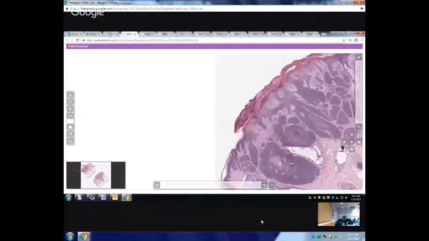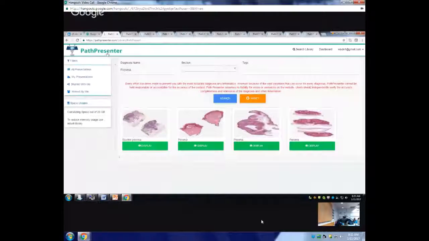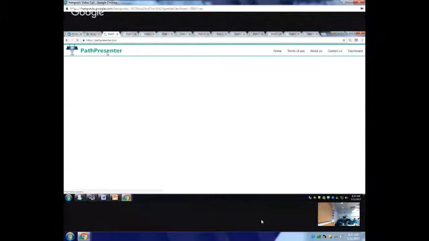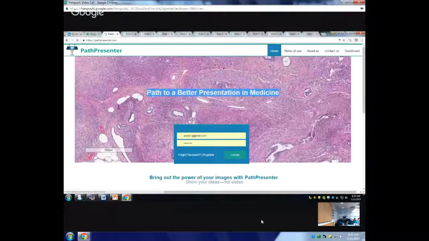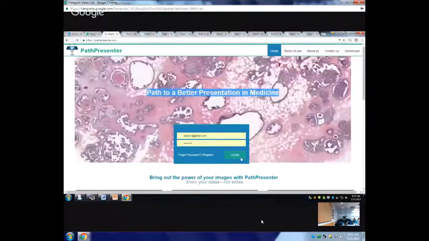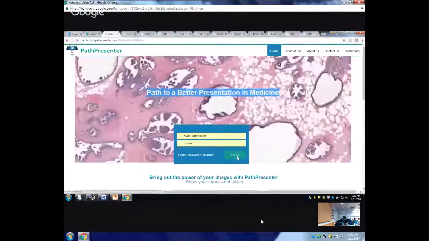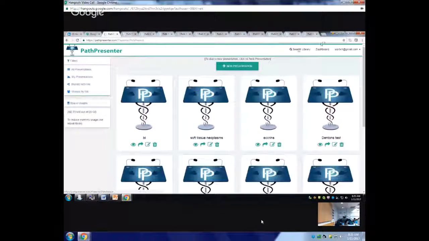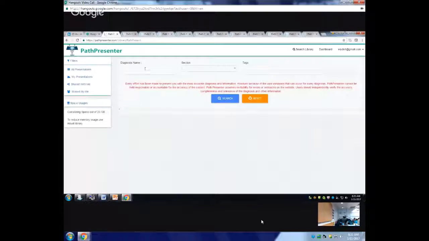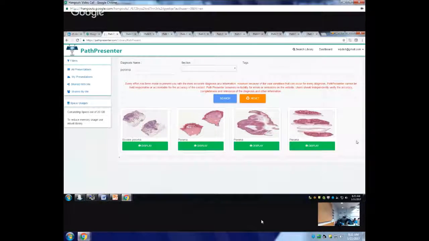So yeah, you can always use this website. What you have to do is just go to Path Presenter, register and log in. Once you log in, search library, and then you just put in whatever diagnosis you want. So if you put in poroma, and then click search, it's going to pull out multiple slides of that entity.